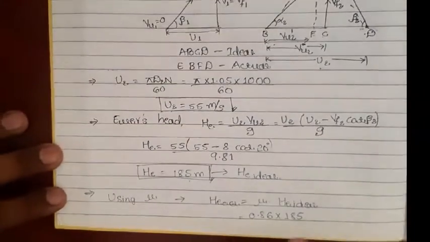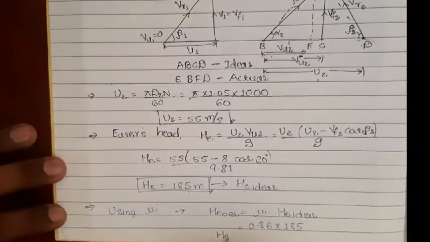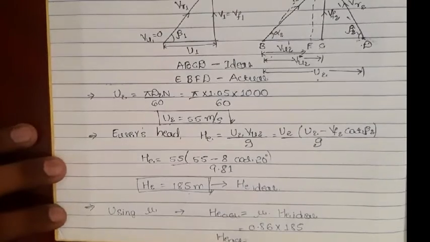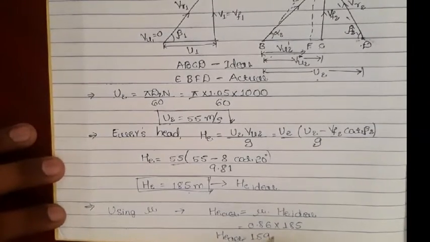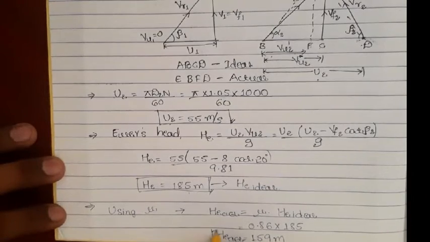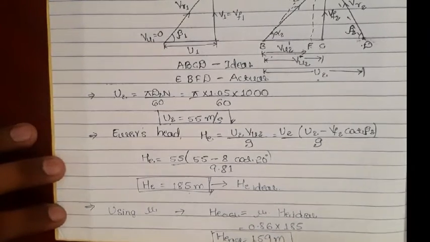Upon calculation, the actual Euler's head will be 159 meter. This is the actual Euler's head.